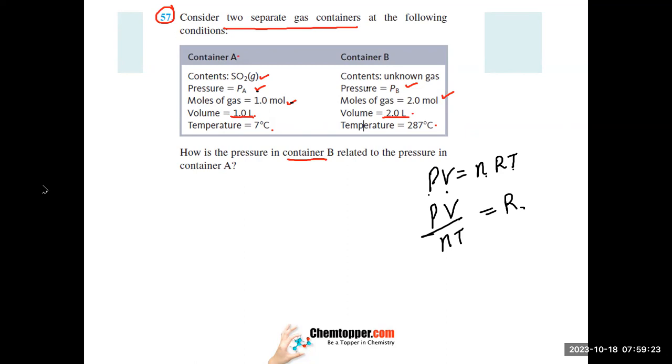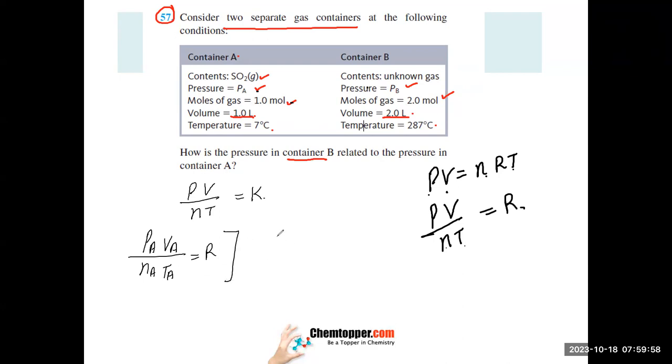What does it mean? Because everything is changing. P is changing, V is changing, N is changing, T is changing. So isolate R. So can I say PV over NT is R? And I can modify it. PA, VA over NA, TA is R. Agreed, children?